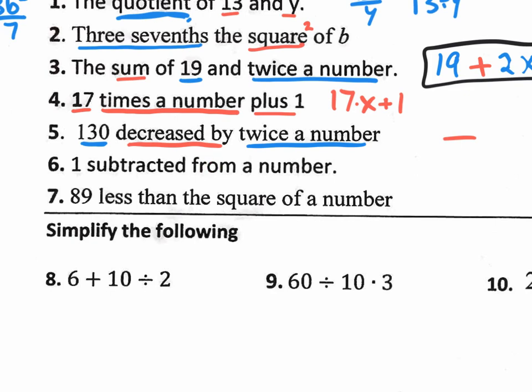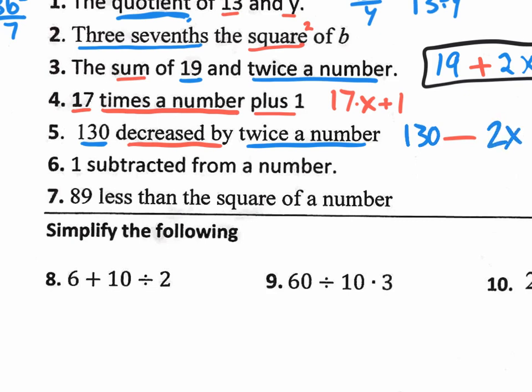We're going to switch the order. Number 7, we have less than. We're going to switch. But right here, decrease by, you don't switch. I mean, think about this. If I said, what's your age decrease by 1? Well, you're going to put your age minus 1. So right here you have 130 decreased by twice a number. So you're just going to write it 130 decreased by twice a number, 2 times x.